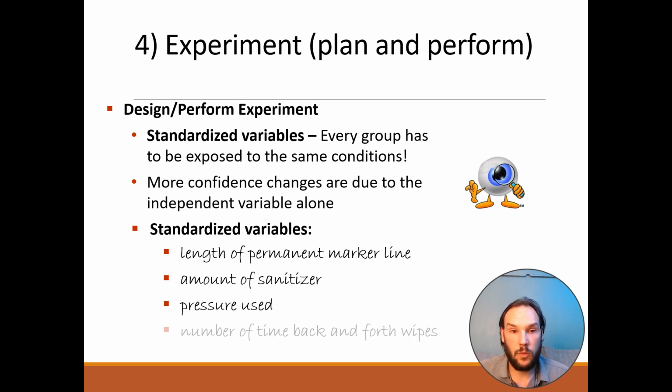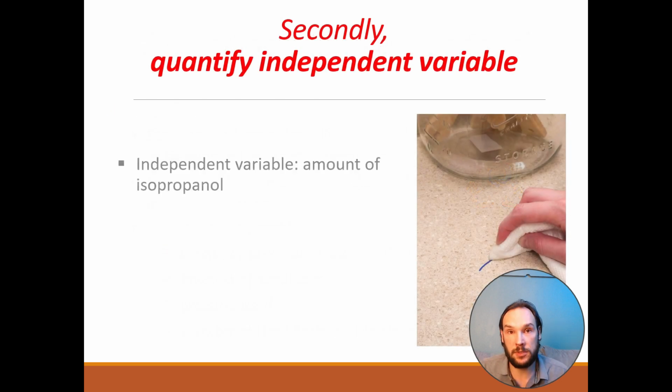And then we can also standardize the number of back and forth wipes. The longer I wipe and rub at it, obviously, the easier it comes off. So let's say we do 5 or 10 back and forth for every section. You can choose that for yourself. Just write it down. And then we can start our experiment with our standardized variables.